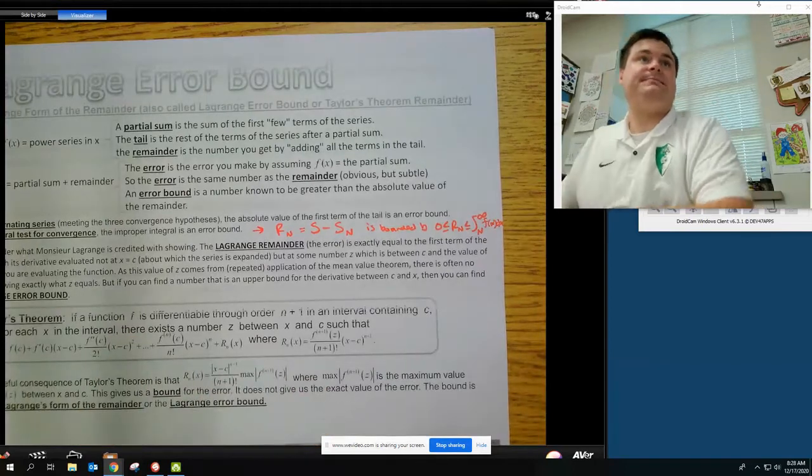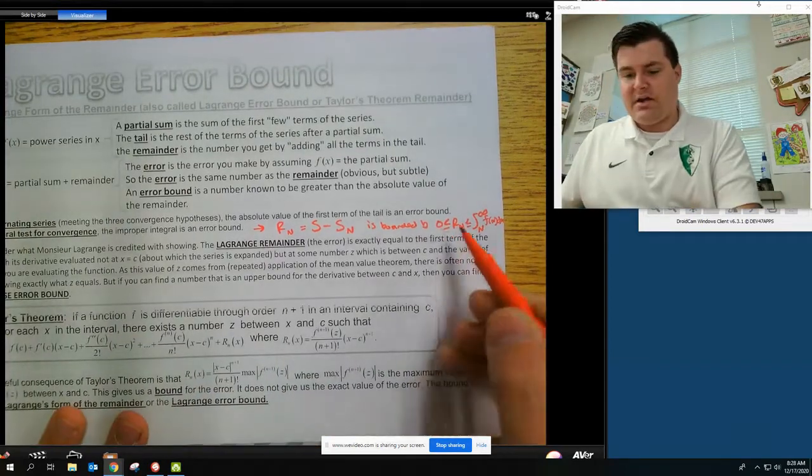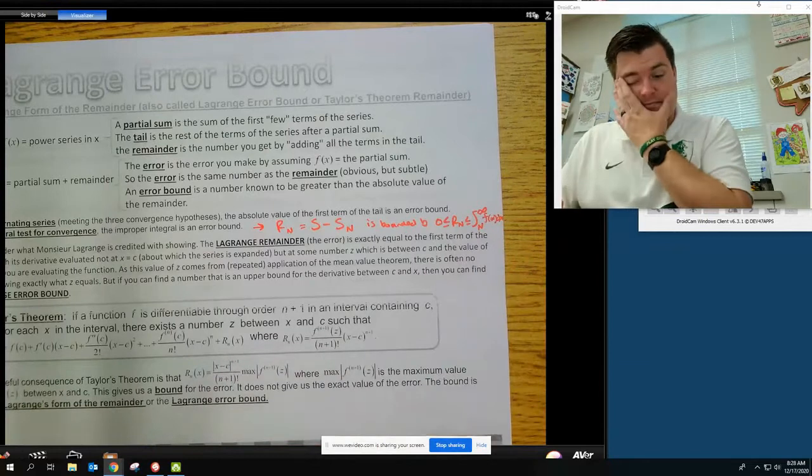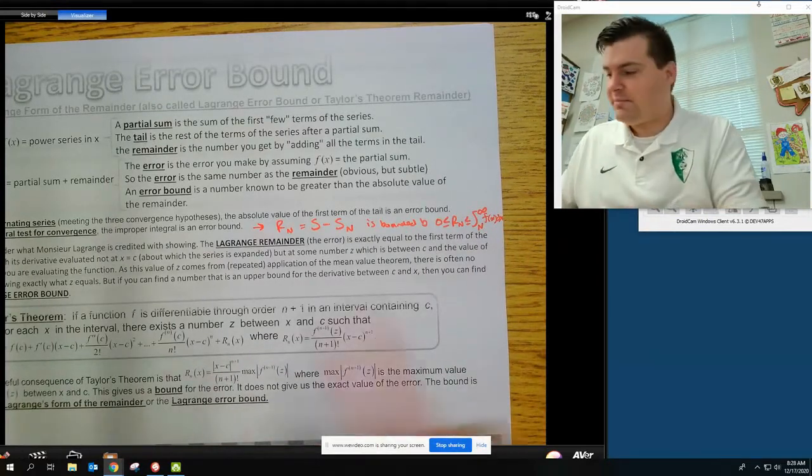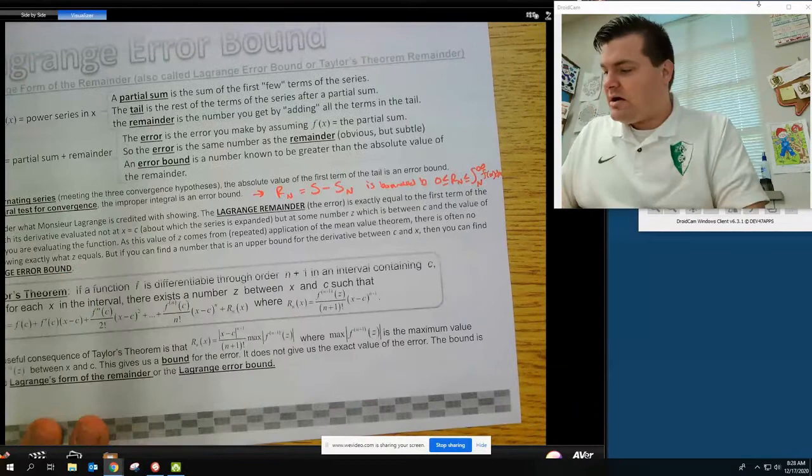So that's what that means. This is the notation we're going to be using for some of these problems. You can read that one on your own.